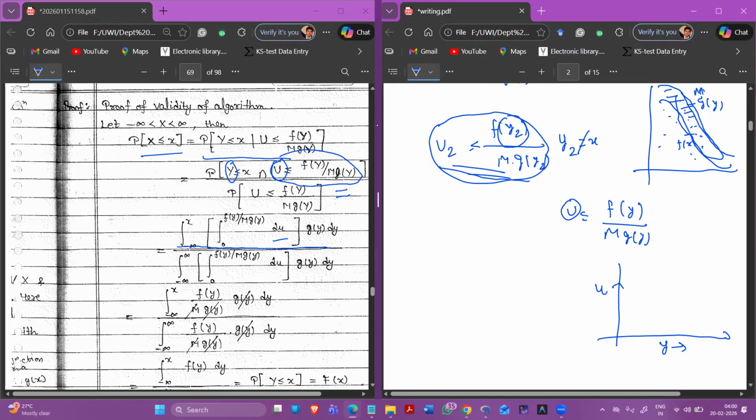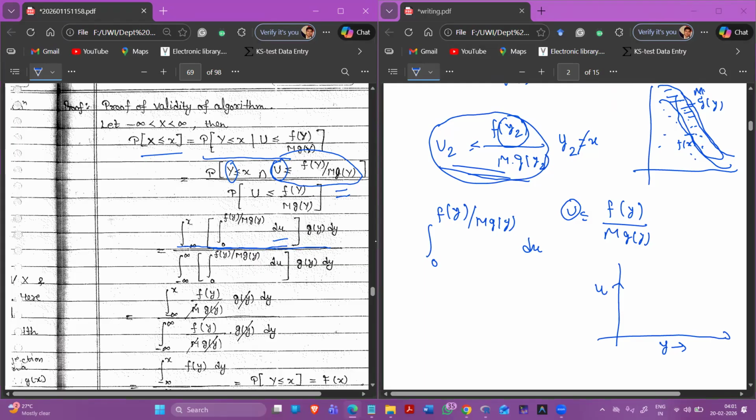All right. So we need to compute, because u lies between 0 and 1, it will be from 0 to fy divided by mgy. That's why we are writing this integral here, because we are checking each and every single value of y.